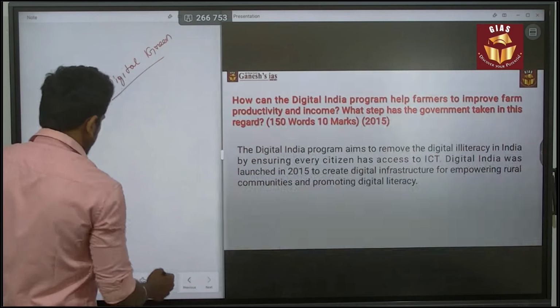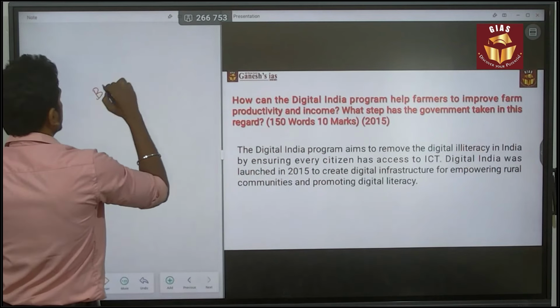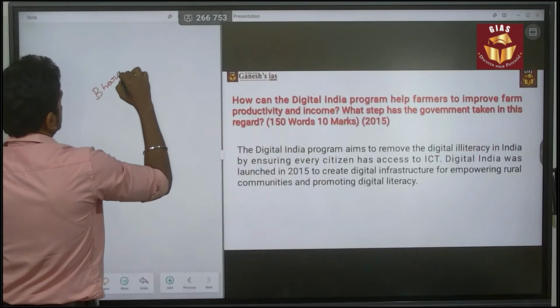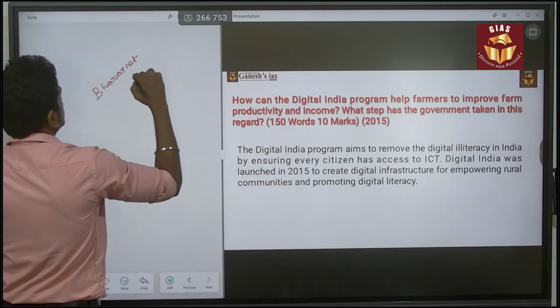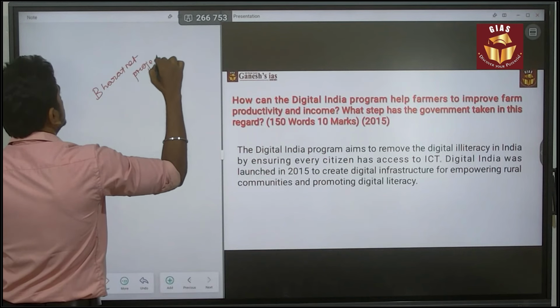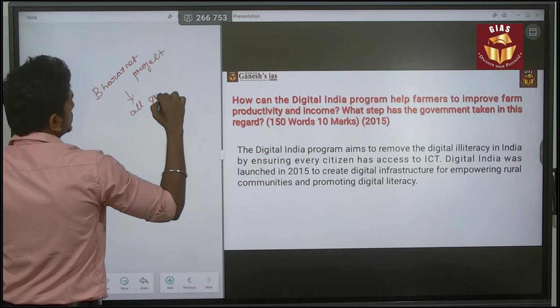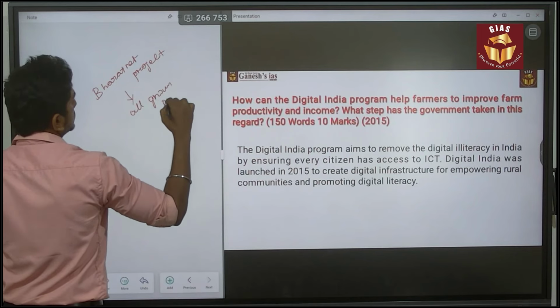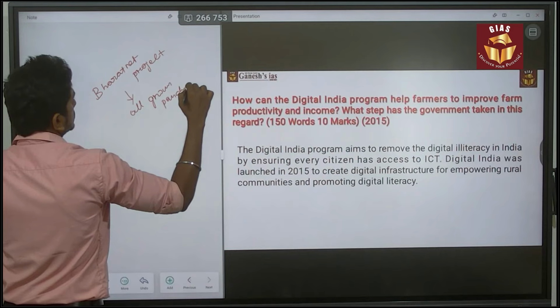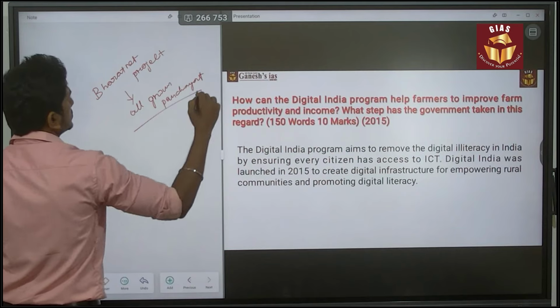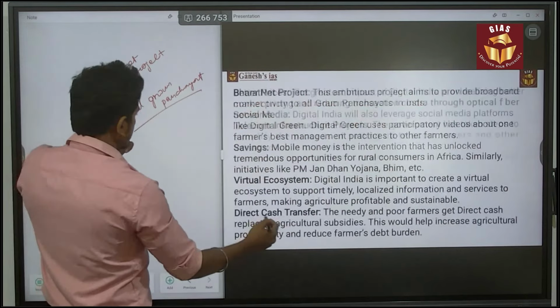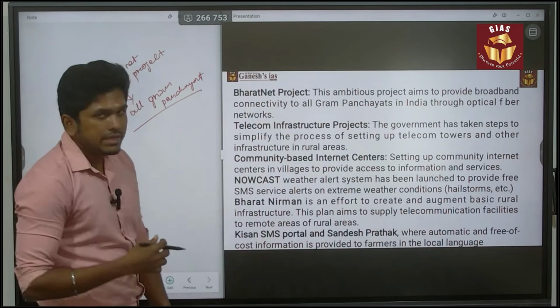We already discussed BharatNet. It is to connect all Gram Panchayats through internet connectivity. Next, telecom infrastructure.